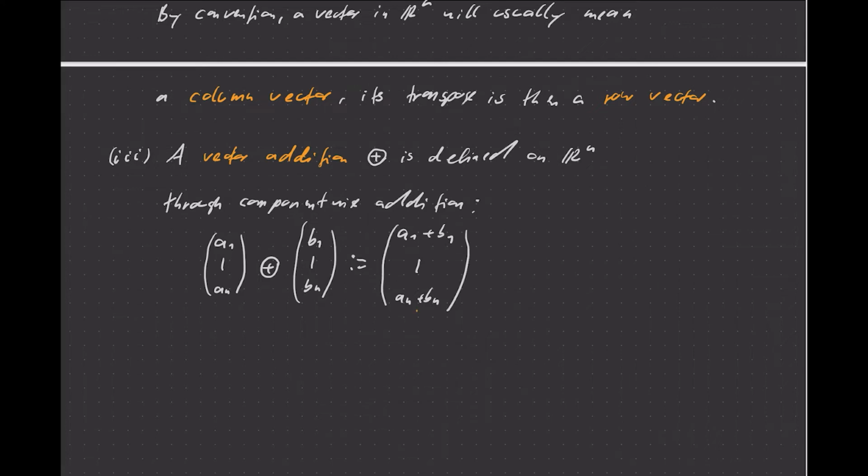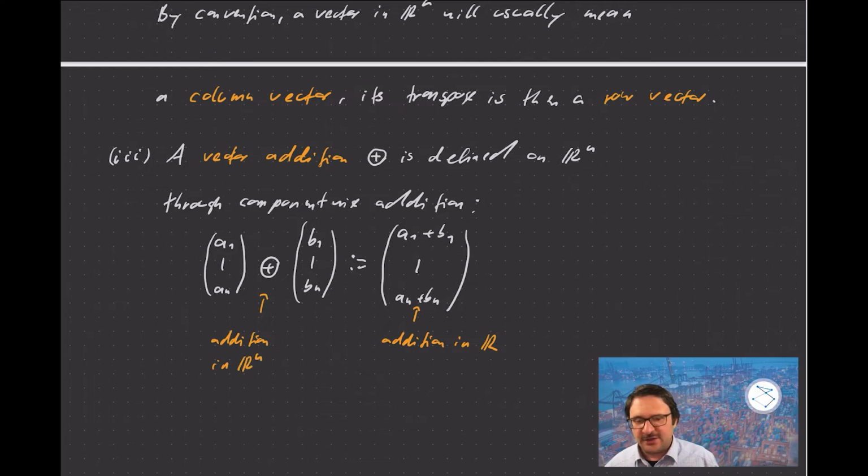And this addition here, that is the addition in the reals in R, whereas this here is the addition in R to the n. So that's why we use different signs here. We usually use the same signs, same operators later on.